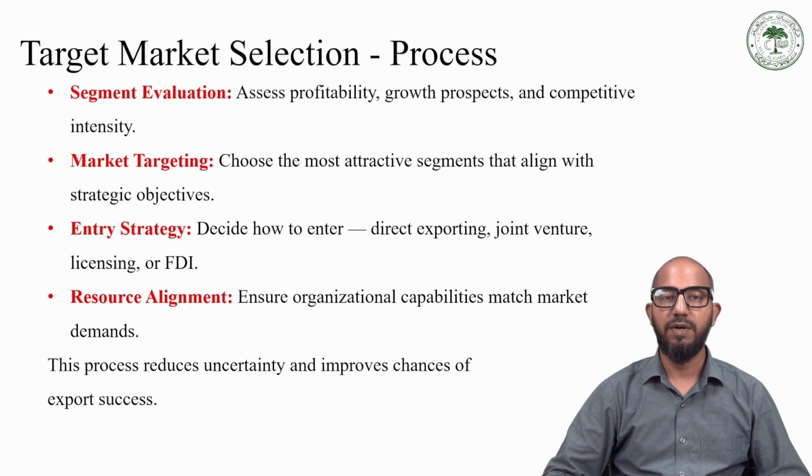The third is entry strategies that decide how to enter, which includes direct exporting, joint venture, licensing, or foreign direct investment. And finally, it is resource alignment, which ensures that organizational capabilities match market demands. This process of market selection reduces uncertainty and improves chances of export success.